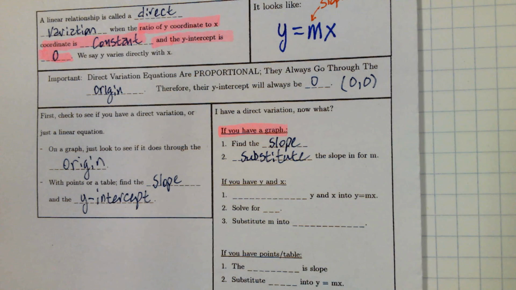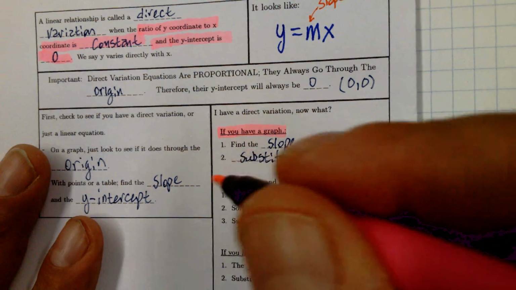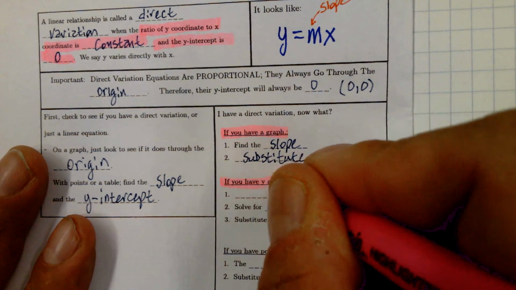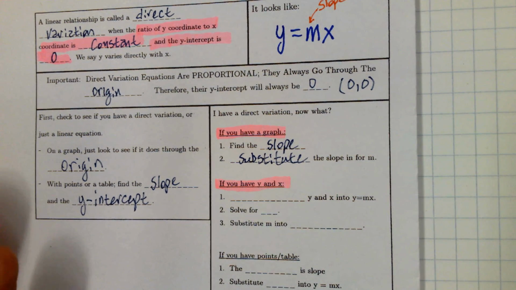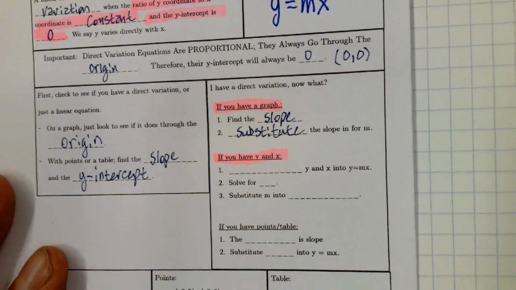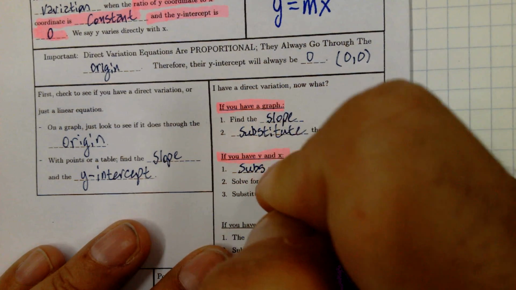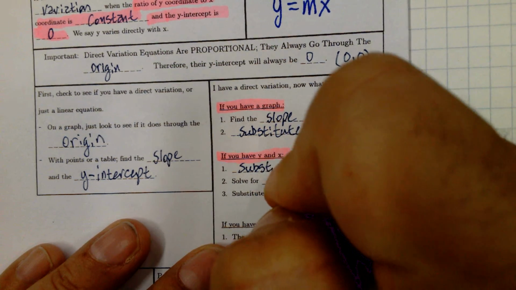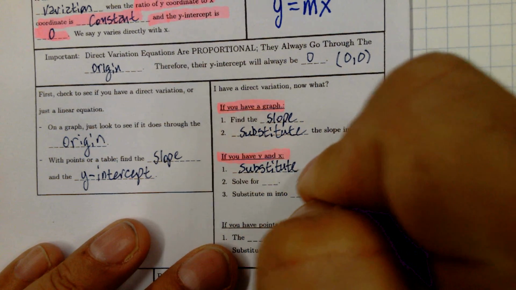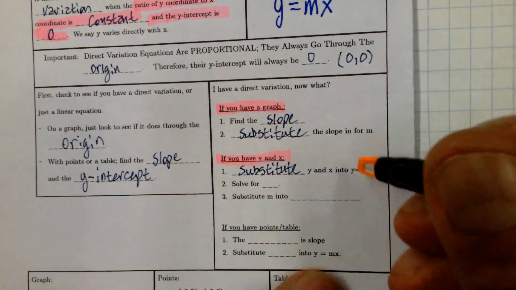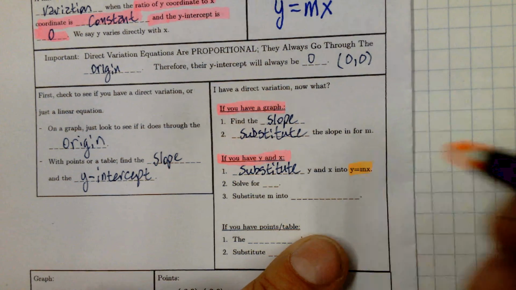So let's say we have some coordinates. If you have the coordinates for x and y, well, then we're just going to substitute y and x into our equation. And this is our equation: y equals mx.